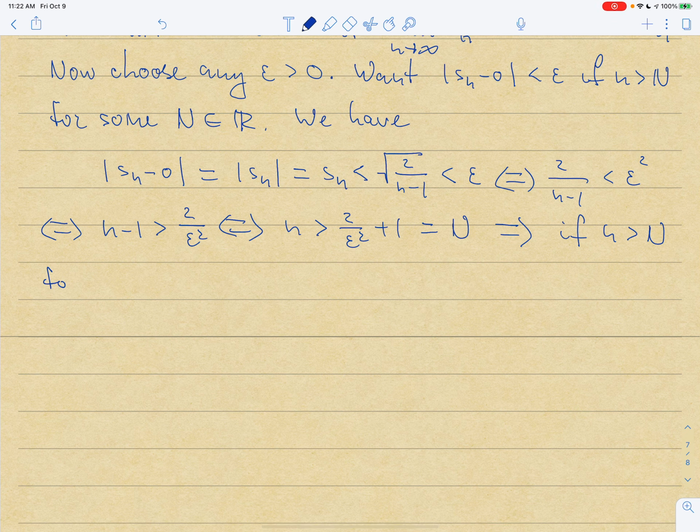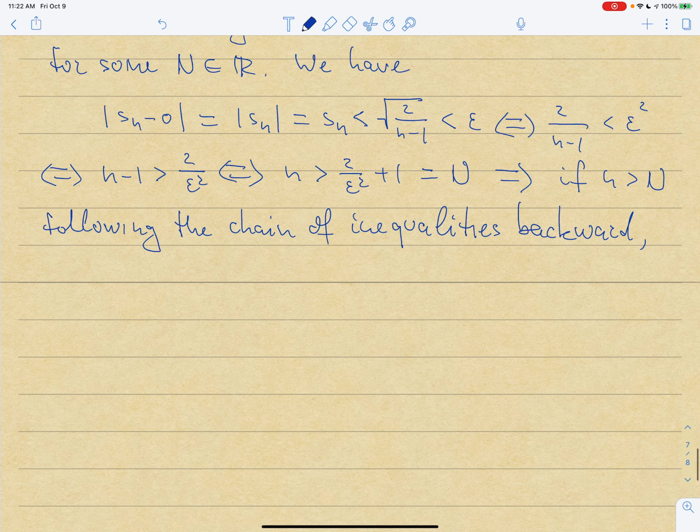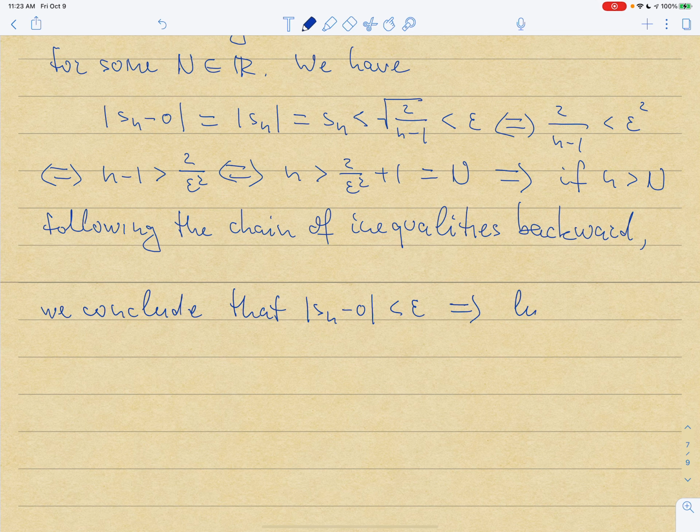So we conclude that Sn minus 0 is less than epsilon, and so therefore the limit as n goes to infinity of Sn is equal to 0 by definition of the limit.